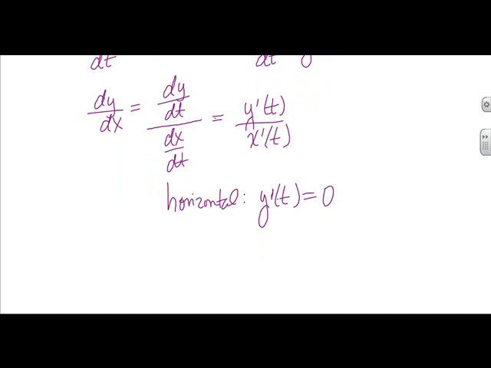If you're looking at where tangent lines are vertical, vertical lines have undefined slopes, so that's going to be where the denominator, x prime of t, is equal to 0. So you will get your equation for y prime and your equation for x prime, put them together to get the slope of the curve.